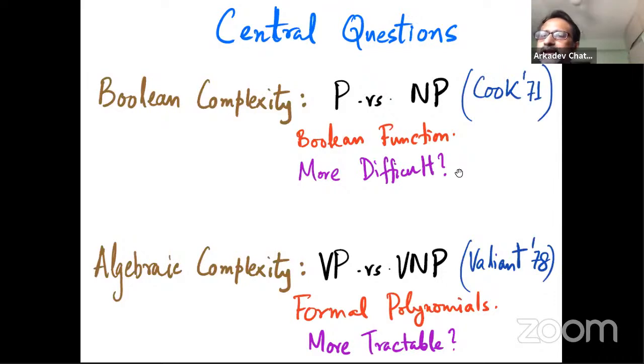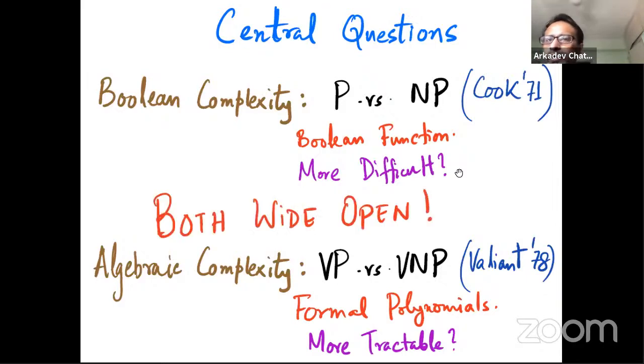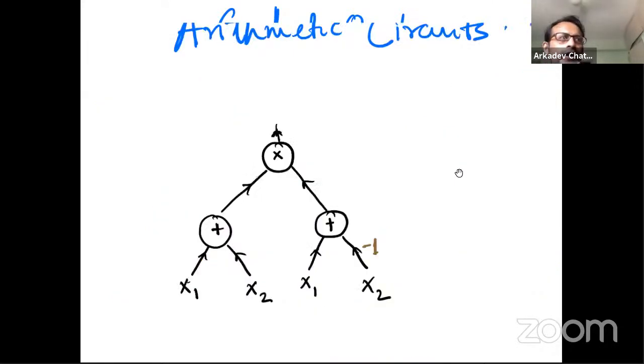So potentially, more tools from classical mathematics should be available to resolve the VP versus VNP question, as opposed to the P versus NP question. And so the hope is that potentially this is a more tractable question than the Boolean complexity question. But unfortunately, both these questions remain wide open. We don't seem to have come any closer in the last few years.